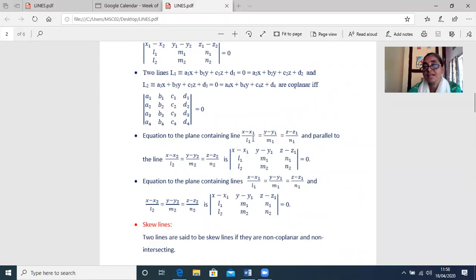The first line is passing through the point x1, y1, z1. Now, the second formula: this is the equation of the plane containing both the lines. This is the formula which will help you find the equation of the plane containing these two lines.